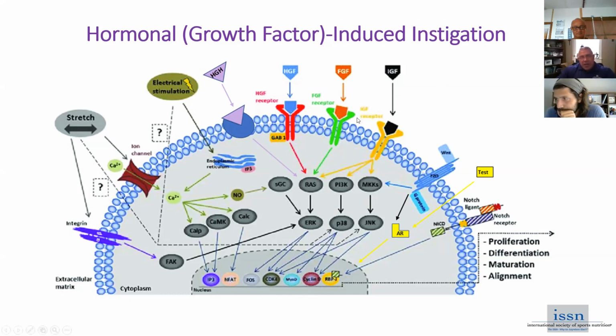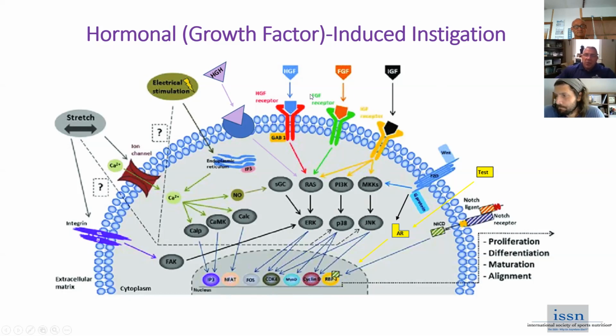But in this particular case, it shows the integration of the hormonal cascade within the cell itself on these cell signaling pathways that end up arriving within DNA to upregulate the expression of various muscle-specific genes.